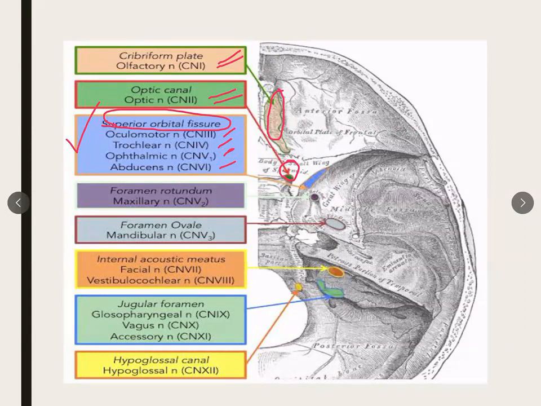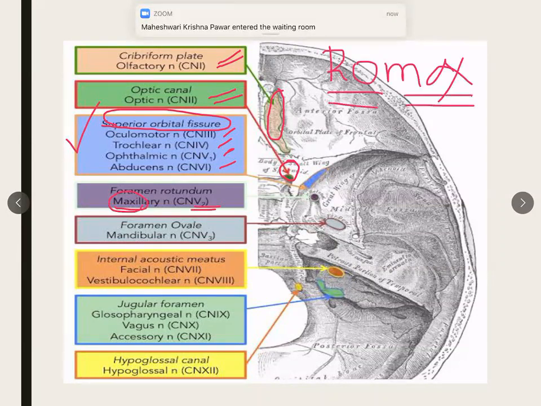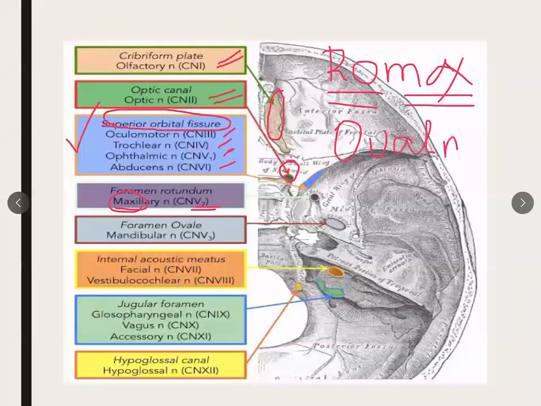The foramen rotundum, maxillary branch, or the V2. So always remember the romax: rotundum, maxillary branch. Ovale, oval man, mandibular branch of cranial nerve number 5.